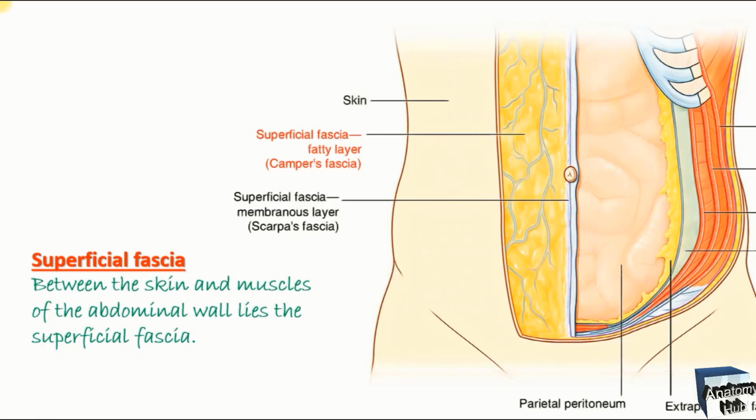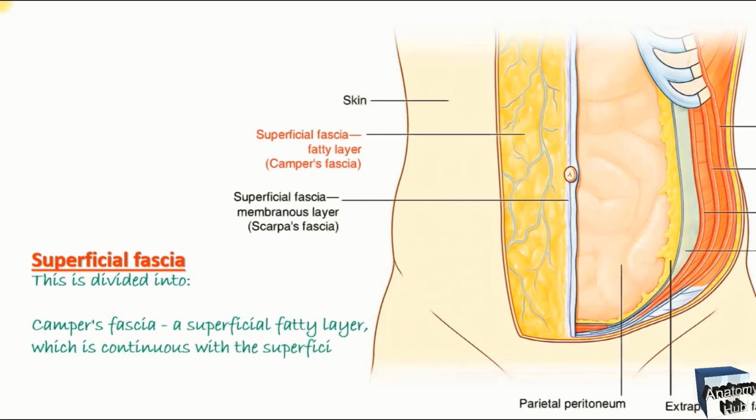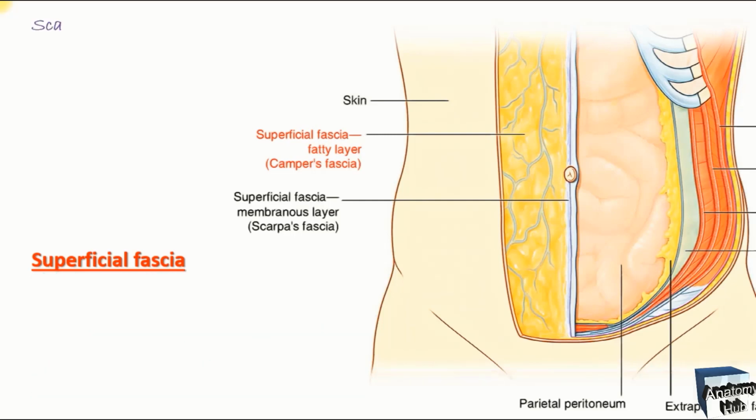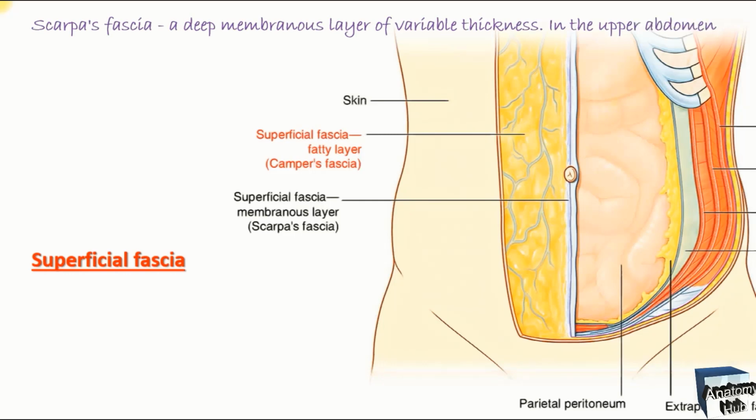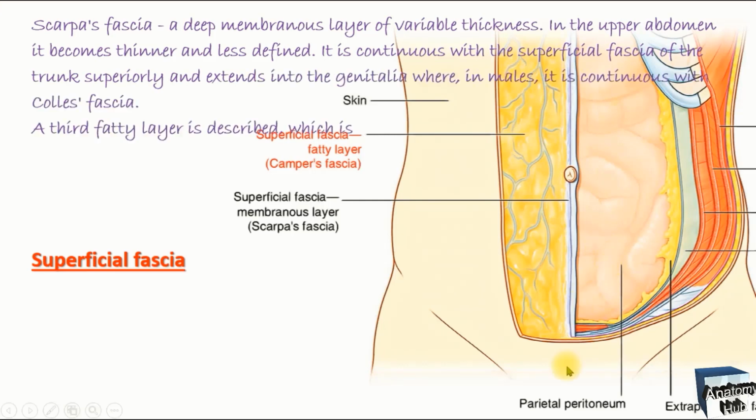This Scarpa's fascia, the deep membranous layer, is actually a tough fibrous layer, a sheet of fibrous tissue that lies deep to the superficial fatty layer, and that covers the lower anterior abdominal wall and extends inferiorly into the superficial perineal fascia.